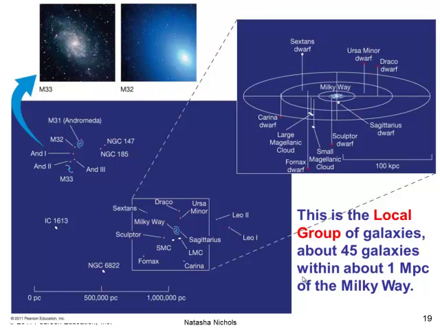Spirals are colored blue, ellipticals pink, and irregulars white, all of them depicted approximately to scale. The inset map on the top right shows the Milky Way in relation to some of its satellite galaxies. The photographic insets, top left, show two well-known neighbors of the Andromeda galaxy, M31. Those neighbors are the spiral galaxy M33 and the dwarf elliptical galaxy M32.